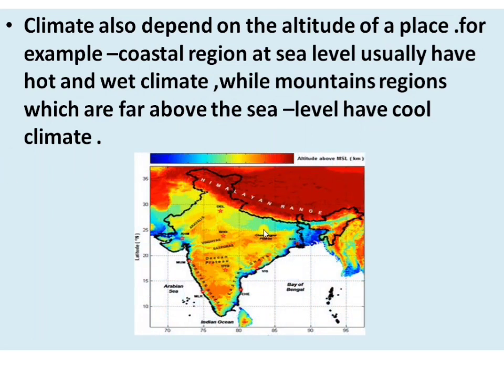As you can see here, the coastal region at sea level has a hot and wet climate, while in the mountain region, the Himalayan region, which is far above sea level, the climate is cool.